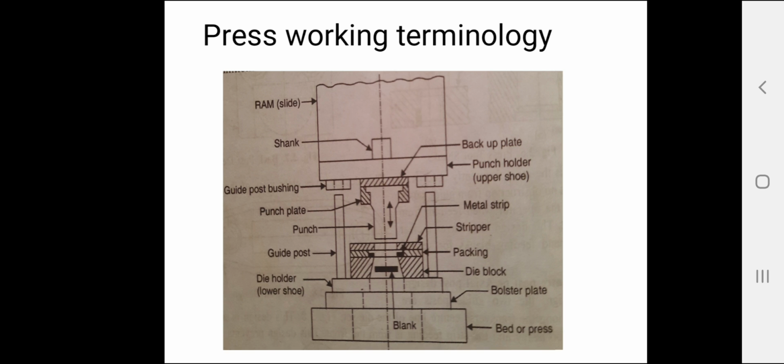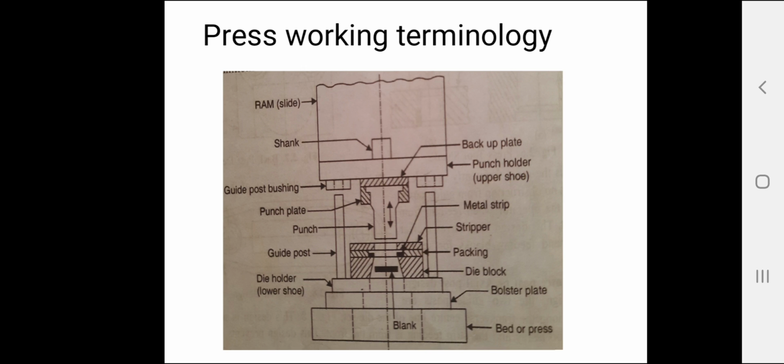A guide post may be used to better align the punch holder with the die shoe. These main components, punch holder, die shoe and guide post, constitute what is known as a die set.